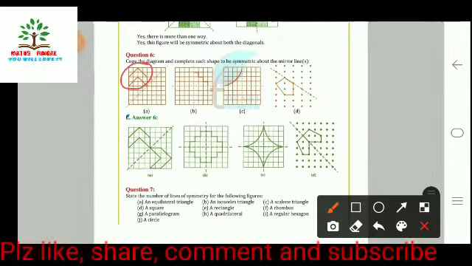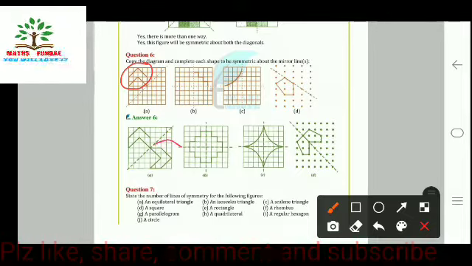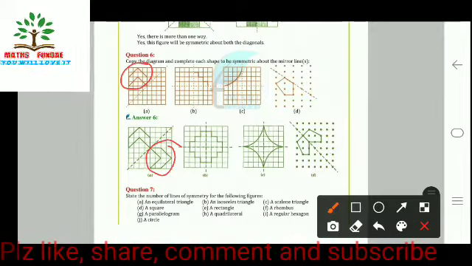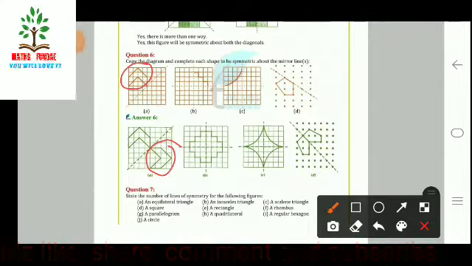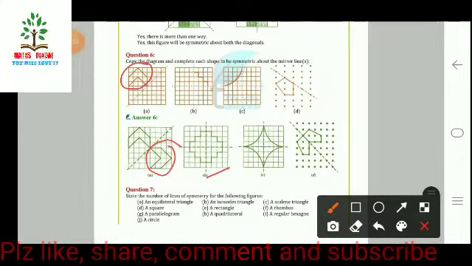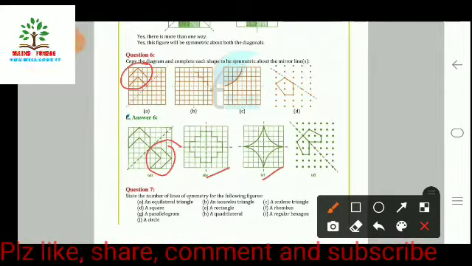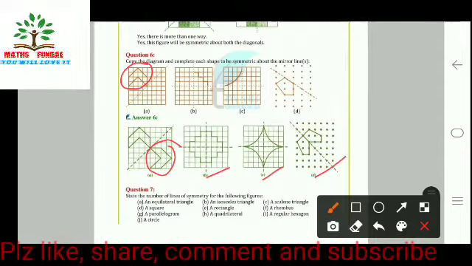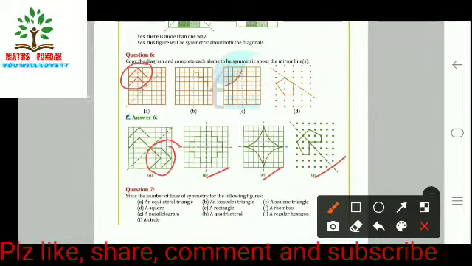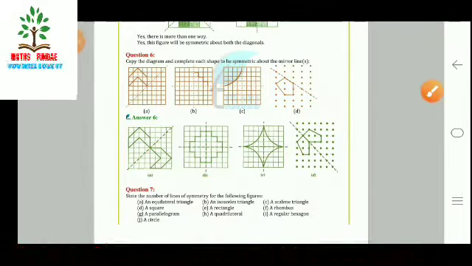In this way we will draw it, and we will get the symmetrical figure. Just by completing this, we'll get a symmetrical figure like this. Here also we'll get a symmetrical figure like this, and in this we get the symmetrical figure like this. So in this way.